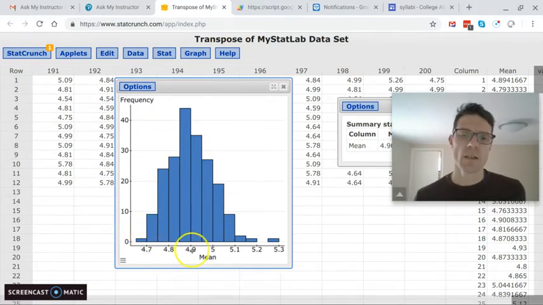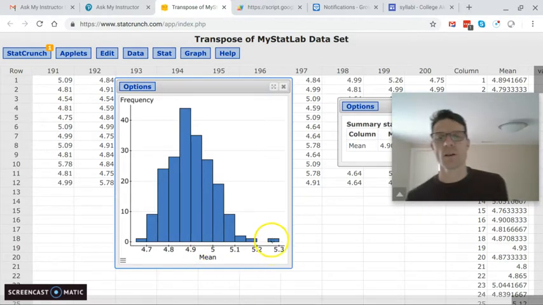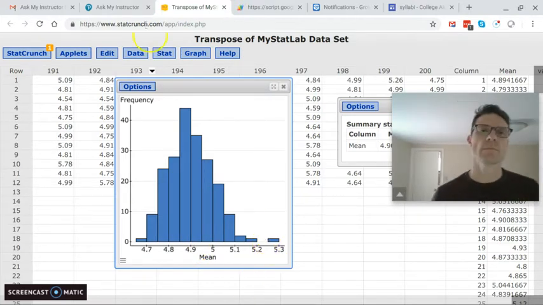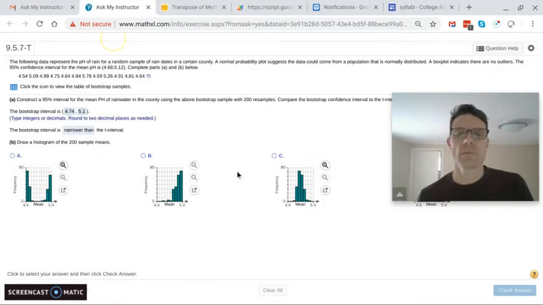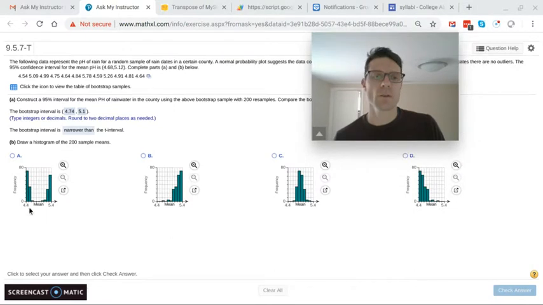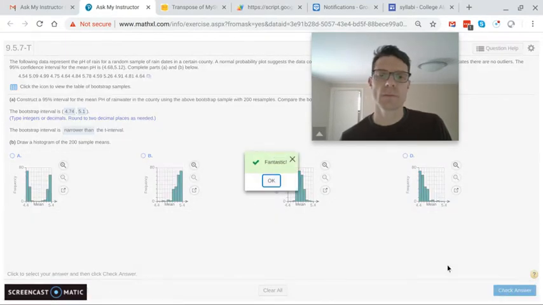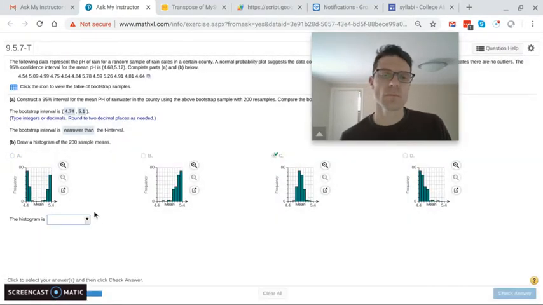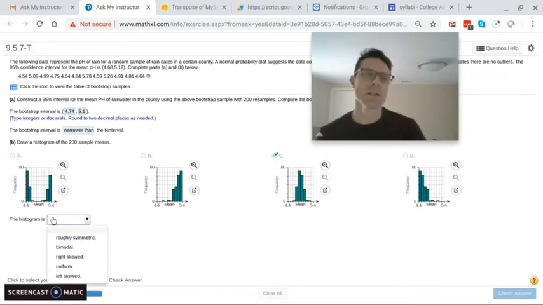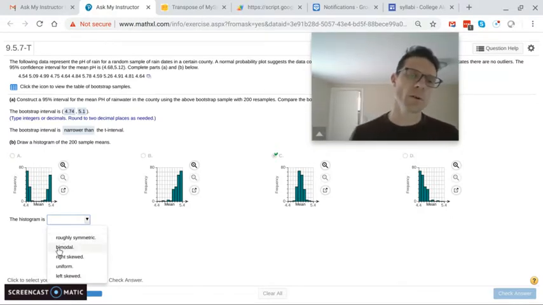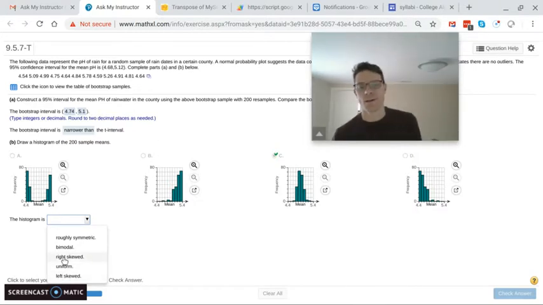Again, the mean of that distribution is about 4.9. And there's a little bit of stuff off to the right. But of the four pictures, clearly this is the one that looks most like my histogram. Okay. And for the shape, we get roughly symmetric, bimodal, right skewed, uniform, or left skewed.